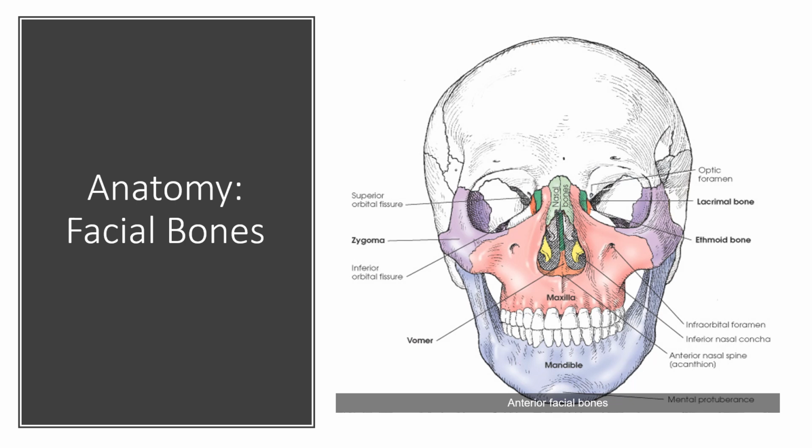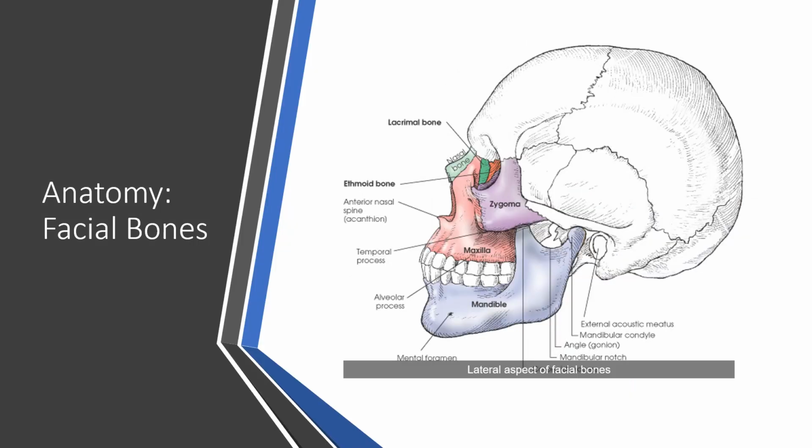The zygoma is the cheekbone. The maxillary bone is the bone of your upper lip. The mandible, of course, is the jawbone. And these all have various parts. So let's get into the individuals. Now we can see the lacrimal bone just a little bit better from the lateral perspective.